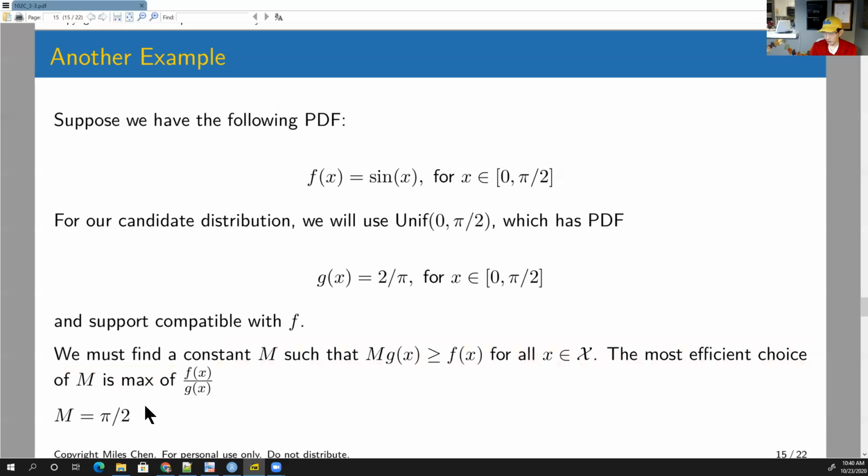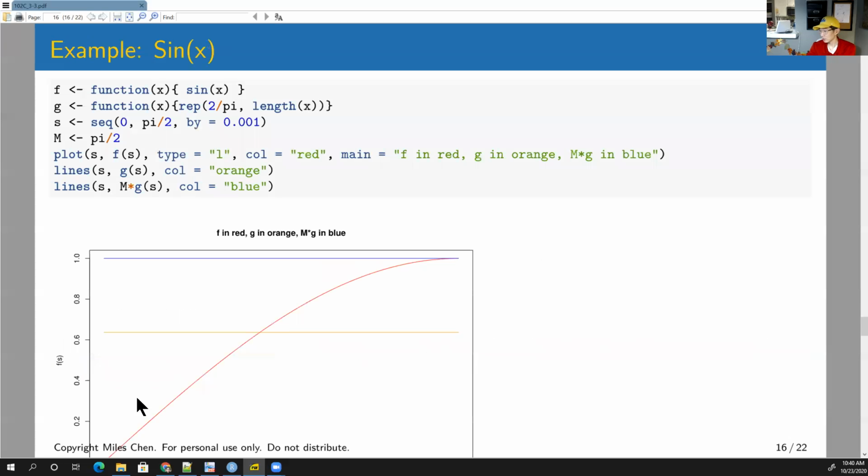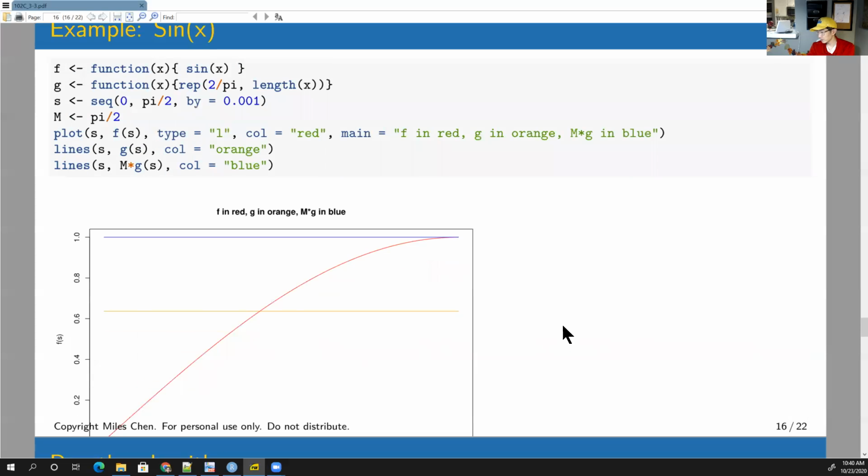All right, so let me show you what this looks like. Red is the sine curve. This is our proposal distribution; we're going to generate values uniform from 0 to pi over 2. Pi over 2 is around 1.57, 3.14 divided by 2.